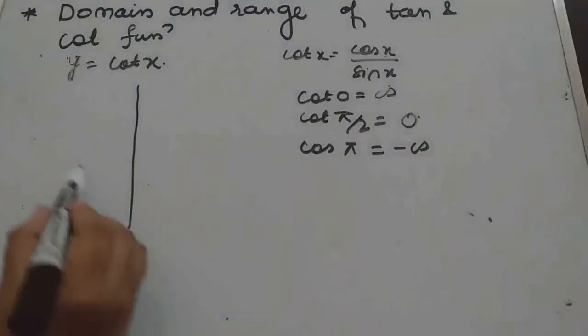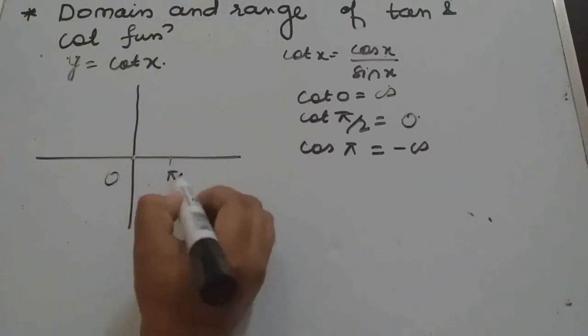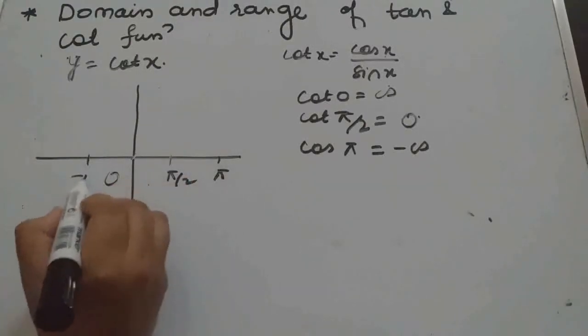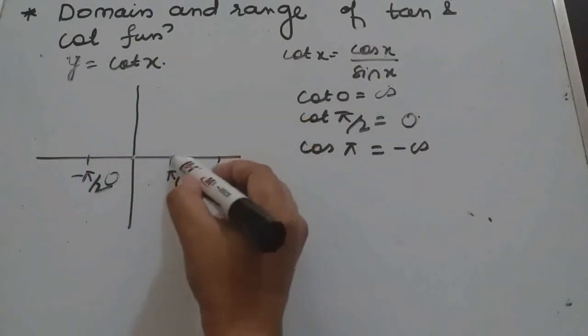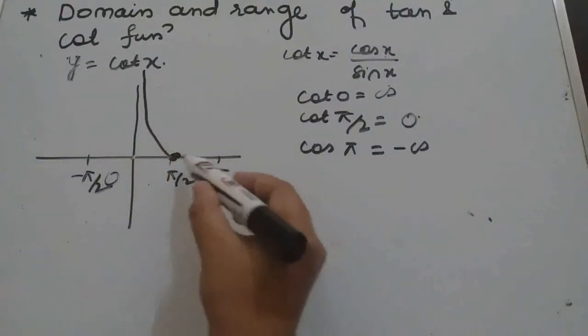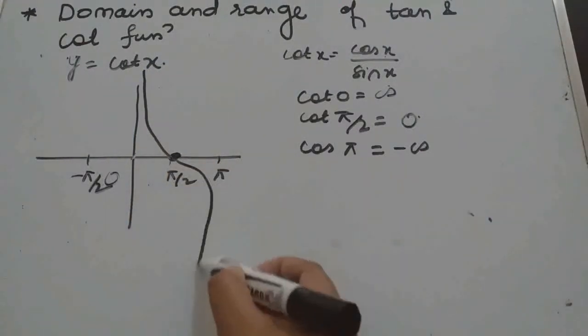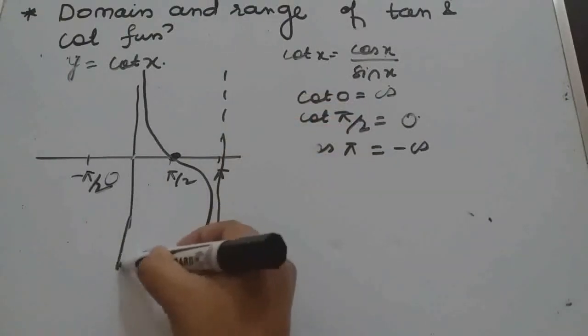So suppose we draw the graph. See, cot 0 is infinity, pi by 2 is 0. So at pi by 2 it is 0, infinity. Cot pi means minus infinity. So like this it will come.